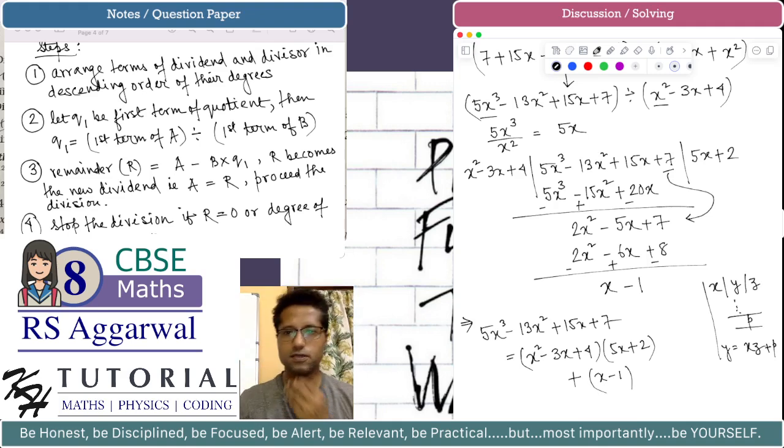So in this division of the two given polynomials, the quotient is 5x plus 2 and the remainder is x minus 1. So this is the concept of how we divide two polynomials.